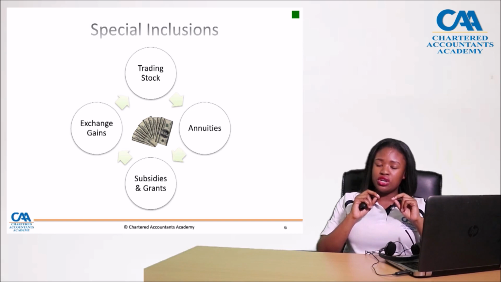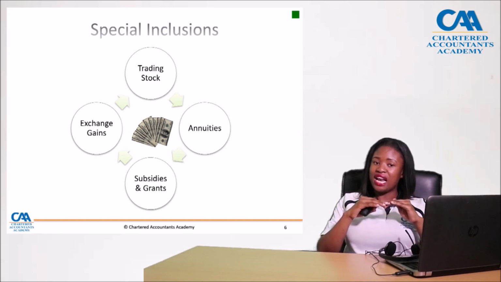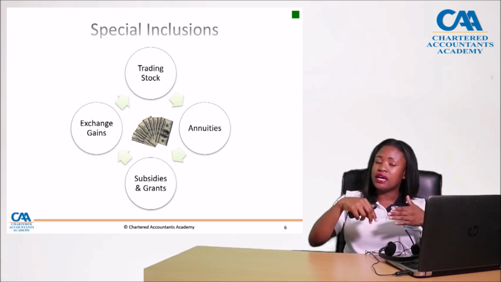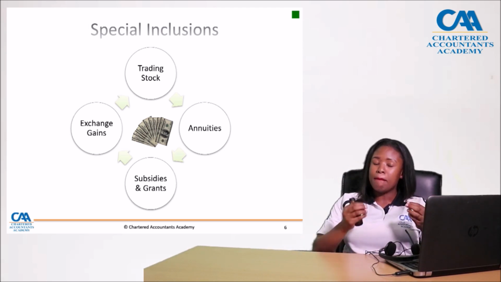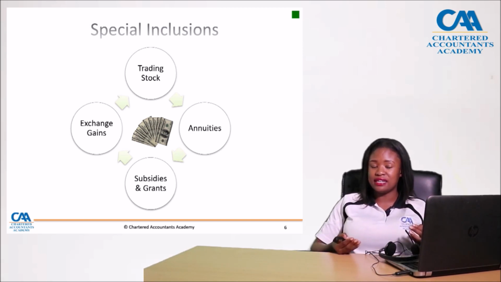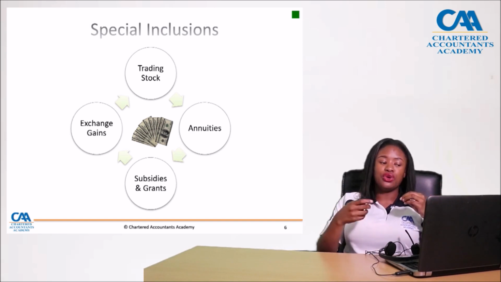So with regards to exchange gains, you're only allowed to include in gross income when they are realized. I'm sure you agree with me that if they have not been realized, then they will not have been received or accrued yet. So if it's just a gain on paper, we haven't accrued it or received it. But the moment that creditor pays or we pay that debtor, then it becomes realized.